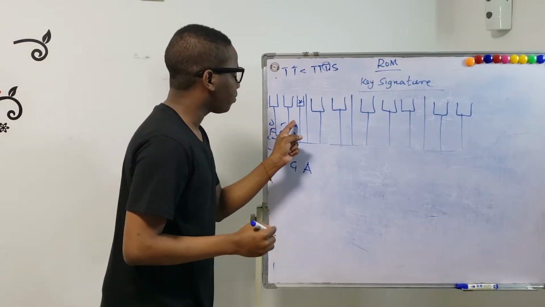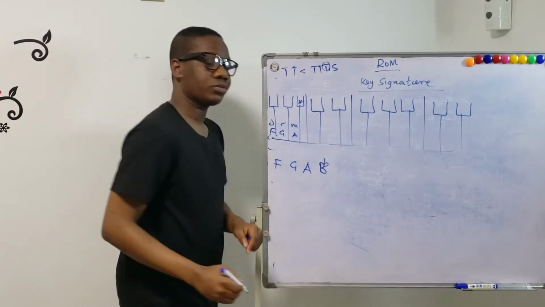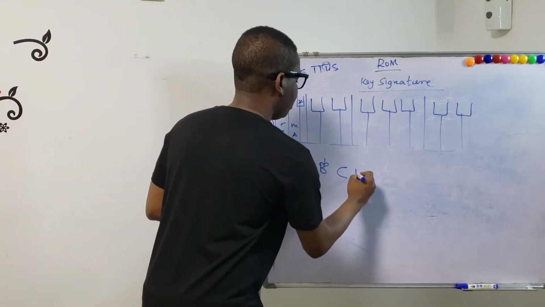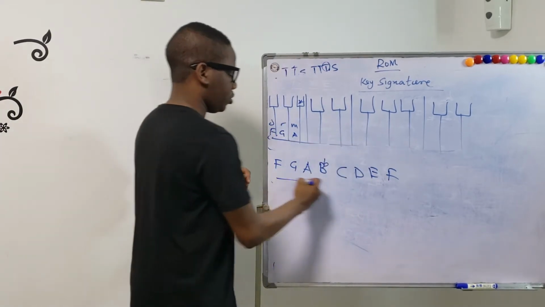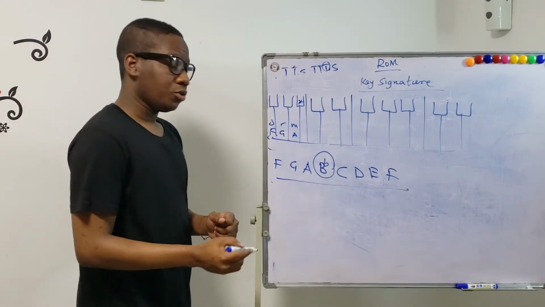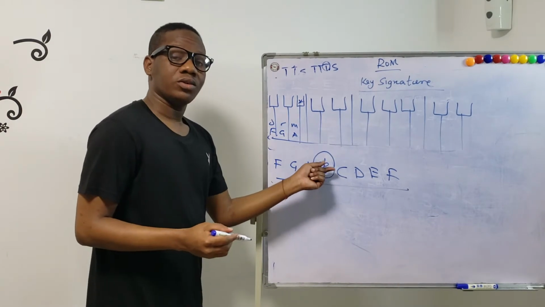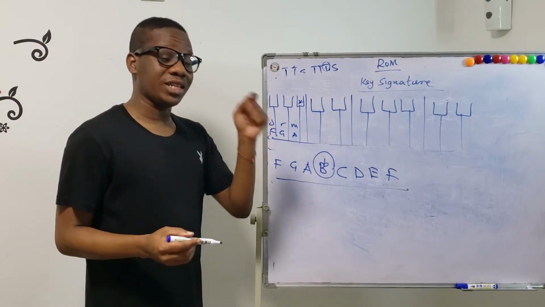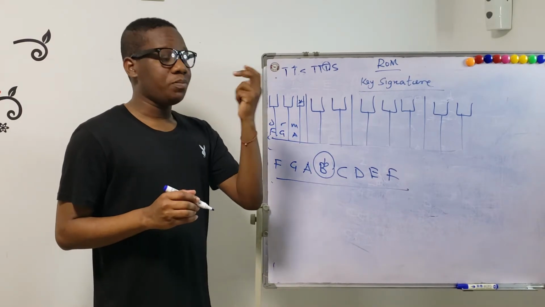To get our Fa, we have to move a semitone distance, which is B flat, and then we continue to C, we continue to D, we continue to E, and of course our F again. So we can see from here that only one note is flattened, which means that B is flattened in the key of F major.